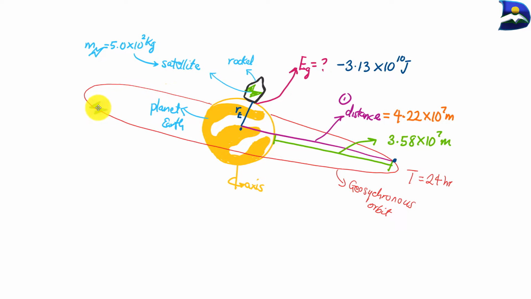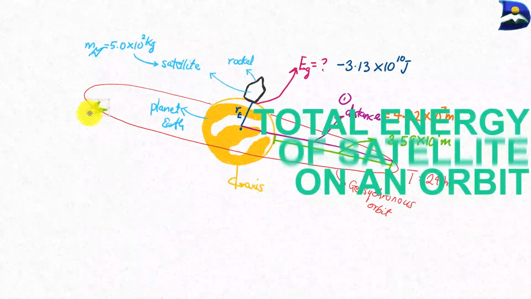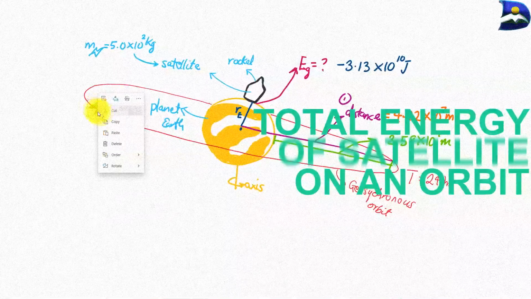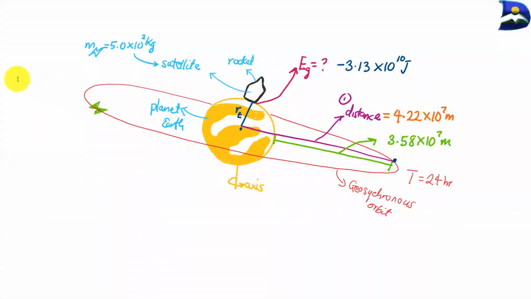Now, since our end goal is to place this satellite at this location, the geosynchronous orbit, in this video we need to determine the total energy of the satellite when it is placed in this region right here. The total energy is going to be a combination of two things.